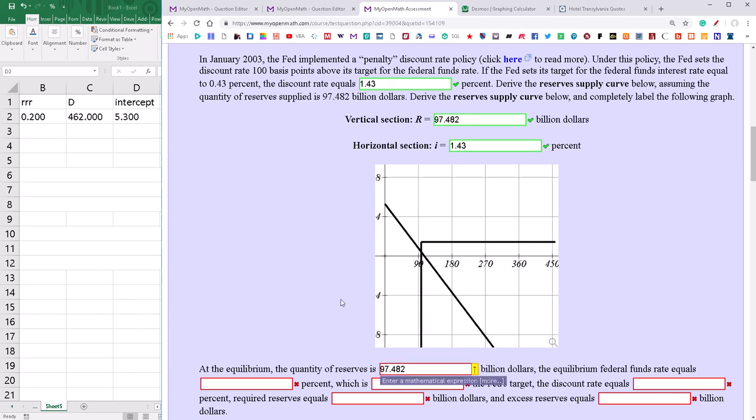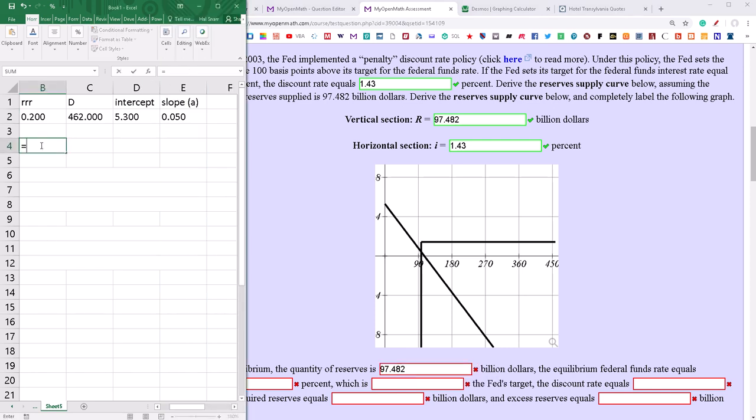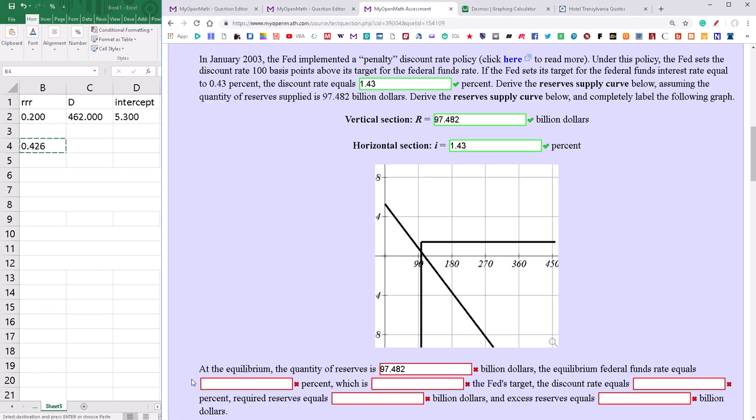We're going to plug this quantity into our demand equation, which had an intercept of 5.3 and a slope of 0.05, multiplied by the quantity of reserves. So our federal funds rate is 0.426, which is greater than our target, but it's pretty close. If you go to 3 decimal places, it's identical.